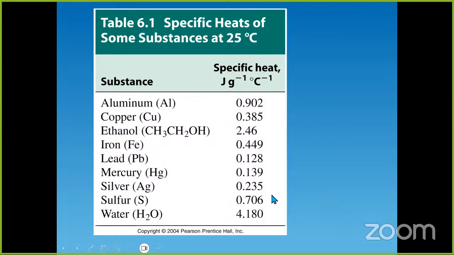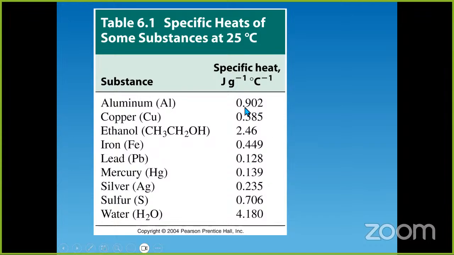What you'll find also is that metals tend to have relatively low specific heats. If you look at all the metals, silver, mercury, lead, iron, you'll notice that the one with the highest value is actually iron, and that value is 0.449. When you compare that to water, you can see it's very low, and all the others have low values.